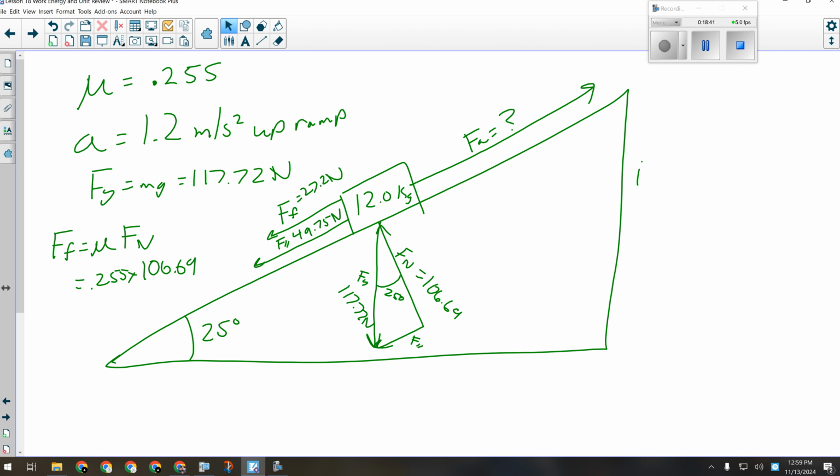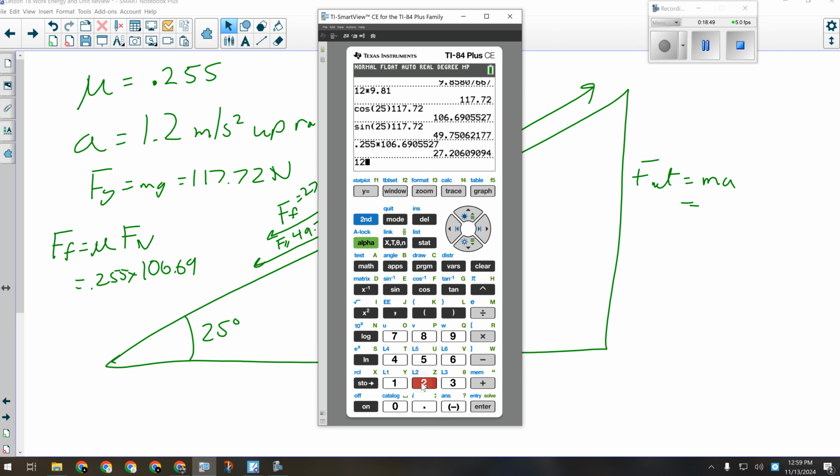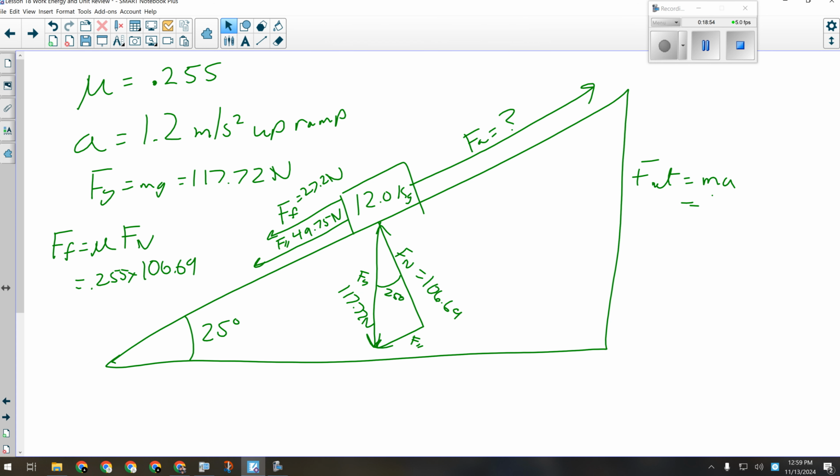That's going to be mass times acceleration, so 12 kilograms times 1.2, which is 14.4 newtons. F net on this ramp is going to be the applied force, which I don't know, plus the force of friction, plus F parallel. It's the vector sum of all the forces involved.